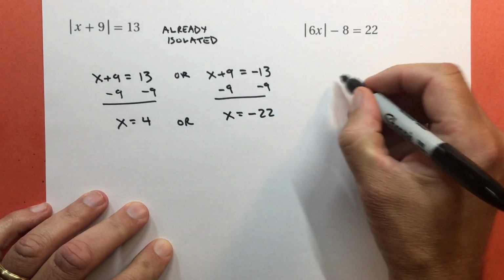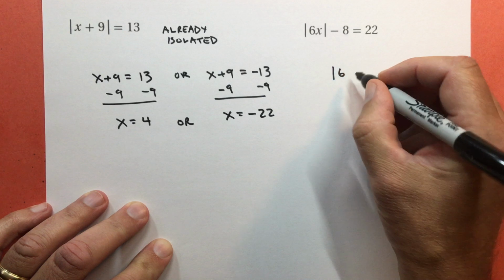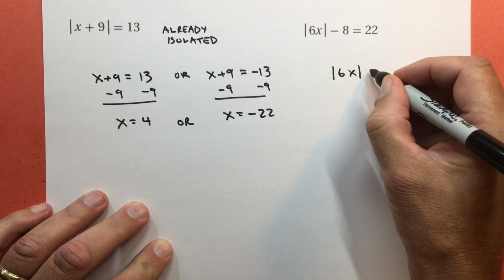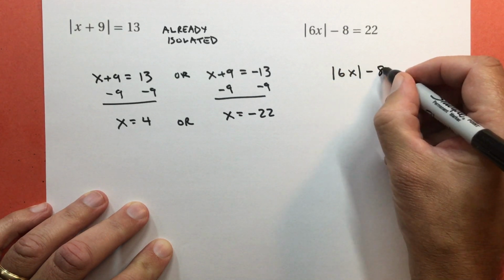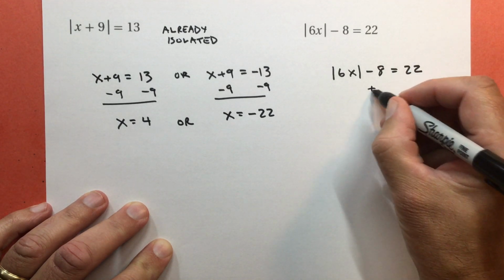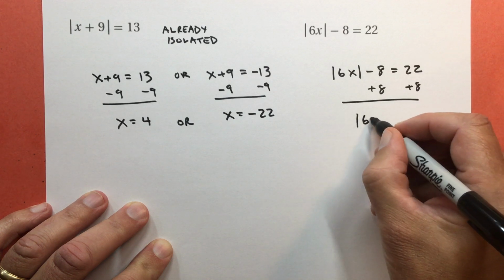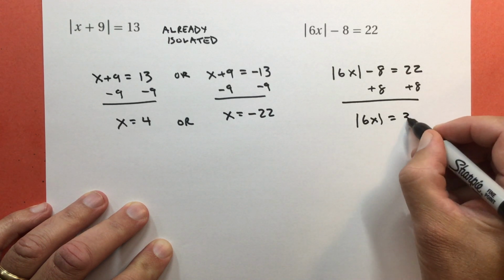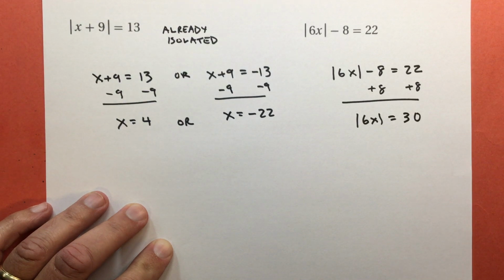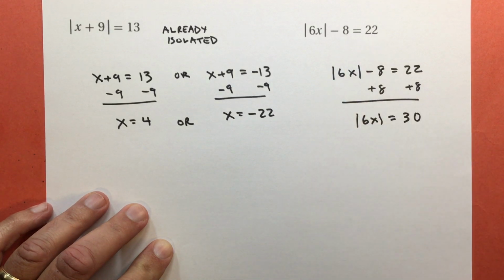Now for this one, I have to get rid of this negative 8 first. So I've got the absolute value of 6x minus 8 equals 22. First thing I do is add 8 to both sides, and I get the absolute value of 6x equals 30. Do not do absolute value of 6x minus 8 equals 22 or negative 22.